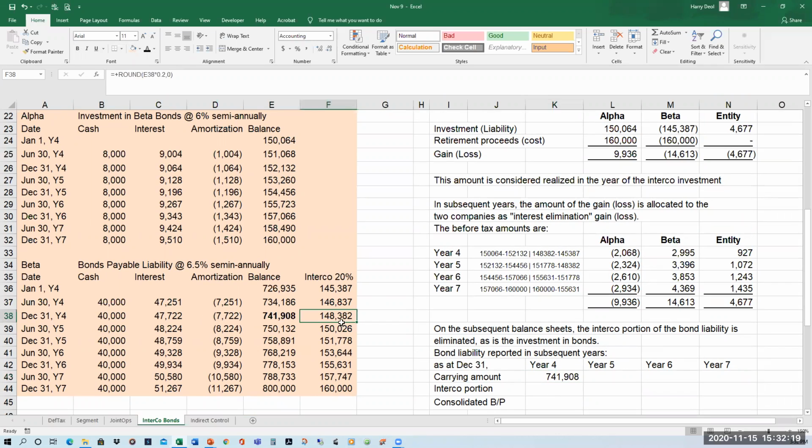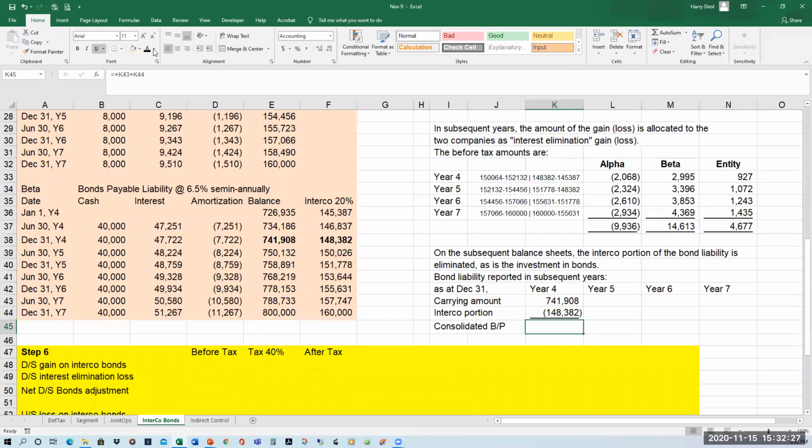The intercompany amount is 148,382. You will eliminate the 148,382 to get the net amount to be reported on the consolidated balance sheet for the bonds payable, 593,523.